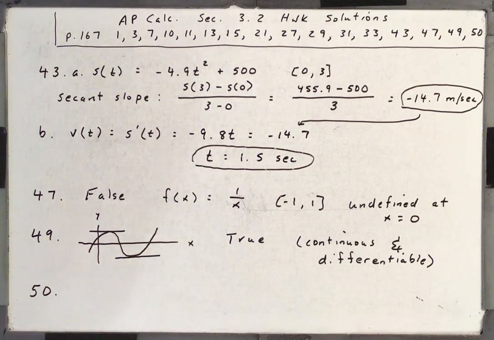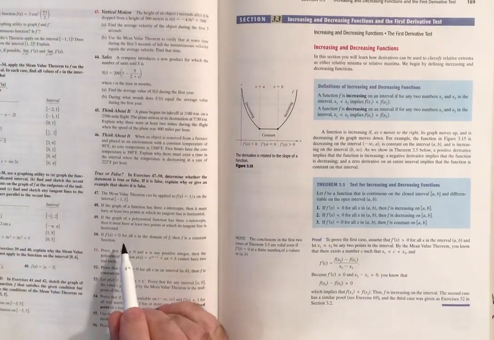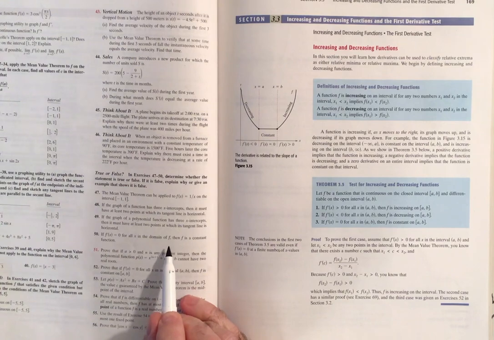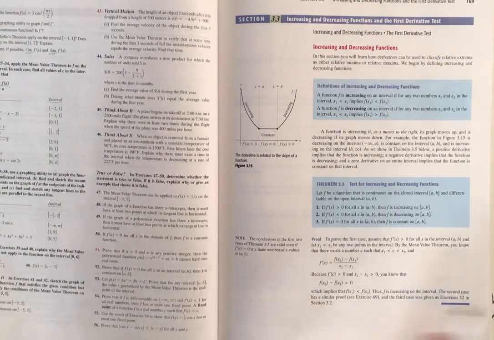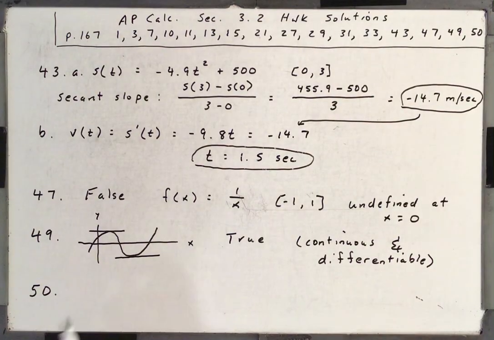All right, number 50 says, if f prime of x equals 0 for all x in the domain of f, then f is a constant function. Okay. Well, a constant function would be like this. Let me go ahead and put it in a different color.